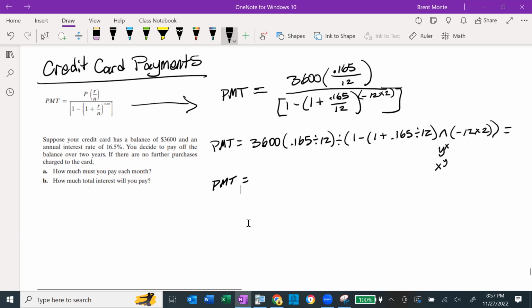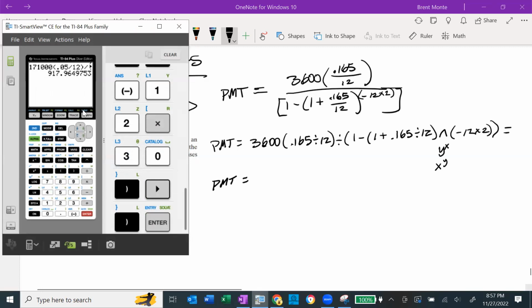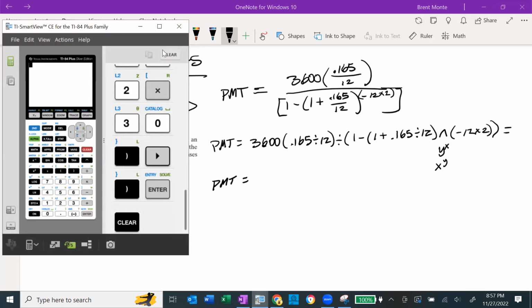Okay, so let's pull up the calculator and see what we get. There's a calculator. Let's clear everything real quickly.